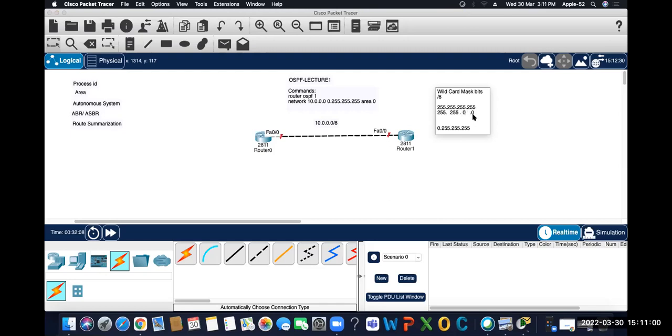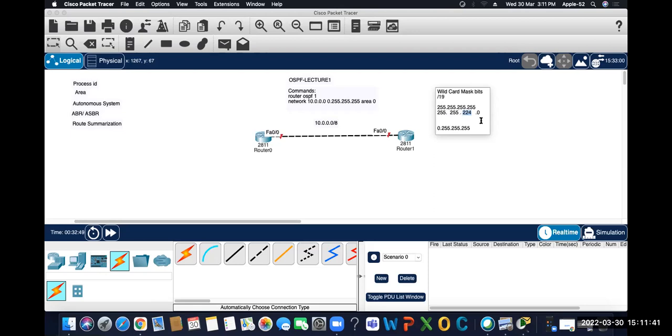/19. For /19, I will write the subnet mask in this way, that is 255.255.224.0. Why /19 in this way? /19 bits on in subnet mask means 8 bits on in the first octet, 8 bits in the second octet, that is 8 plus 8, 16. And then 3 bits on in the third octet, that is 16 plus 3, that is 19 bits on in subnet mask.